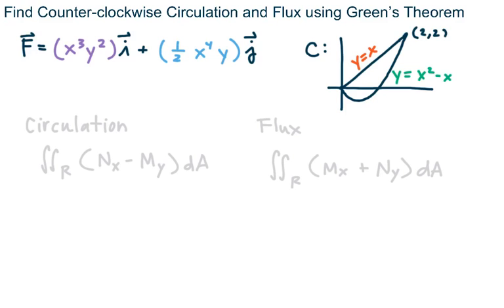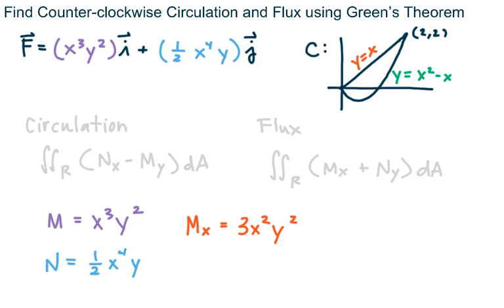So in order to work these problems, we need to state what m is, x cubed y squared, as well as n, which is 1/2 x to the fourth y. So m partial with respect to x will be 3x squared y squared, and m partial with respect to y will be 2x cubed y.